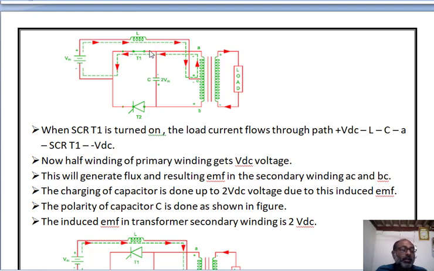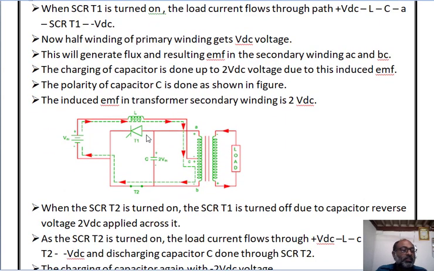That means it will be reverse biased. So due to this reverse voltage appearing across thyristor T1, SCR T1 will turn off. That means this capacitor voltage provides commutation for SCR T1.